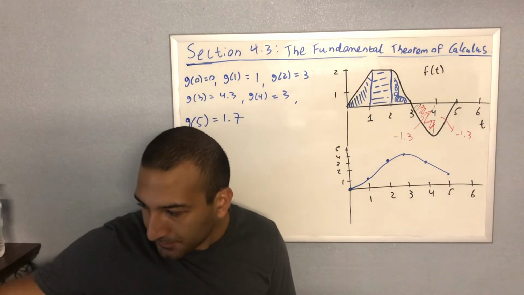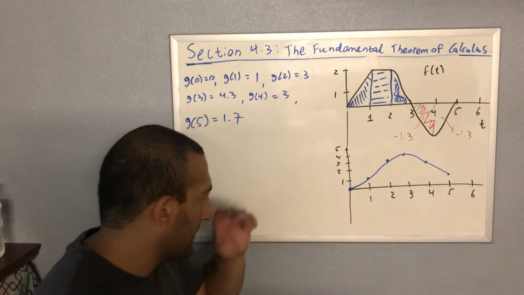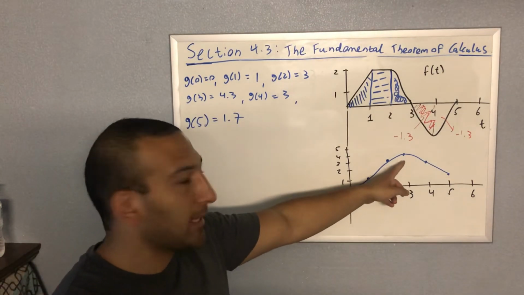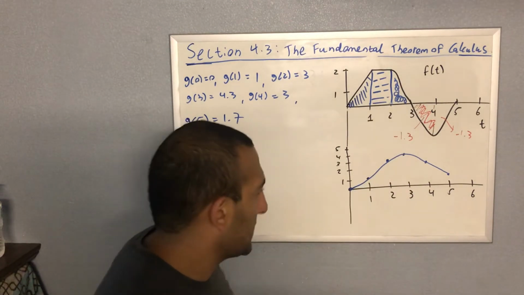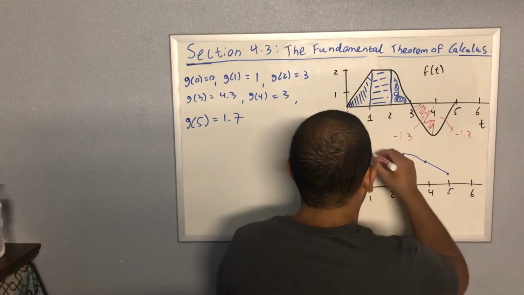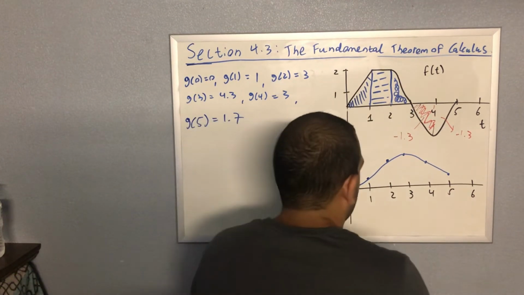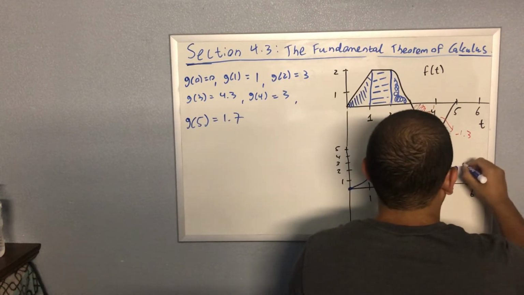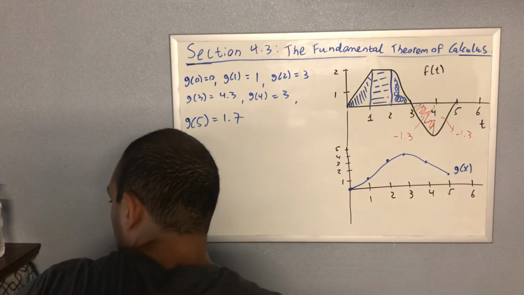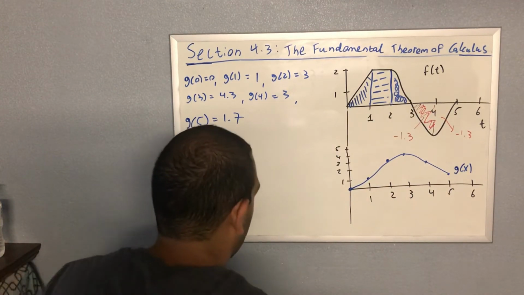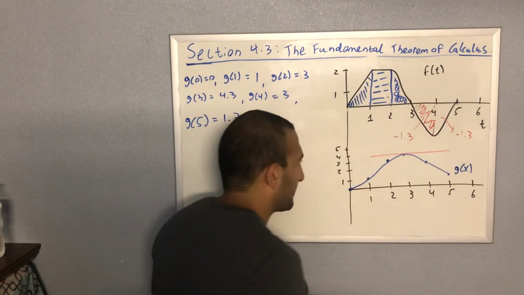So one immediate thing is, if you remember from Calc 1, anytime you have like a hill like this, that would mean that the slope of the tangent line is 0 here. Oh, and maybe let me label this. This is g of x in blue. So anytime you had a hill, the slope of your tangent line was 0.